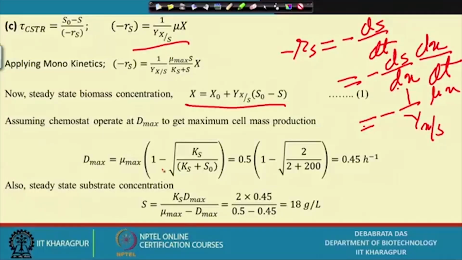This is exactly what we are trying to do here. So, first we find the D max value, and we find this is 0.45 per hour, and then the corresponding S value is Ks into D max by mu max minus D max. We can find out this is about 18 grams per liter.